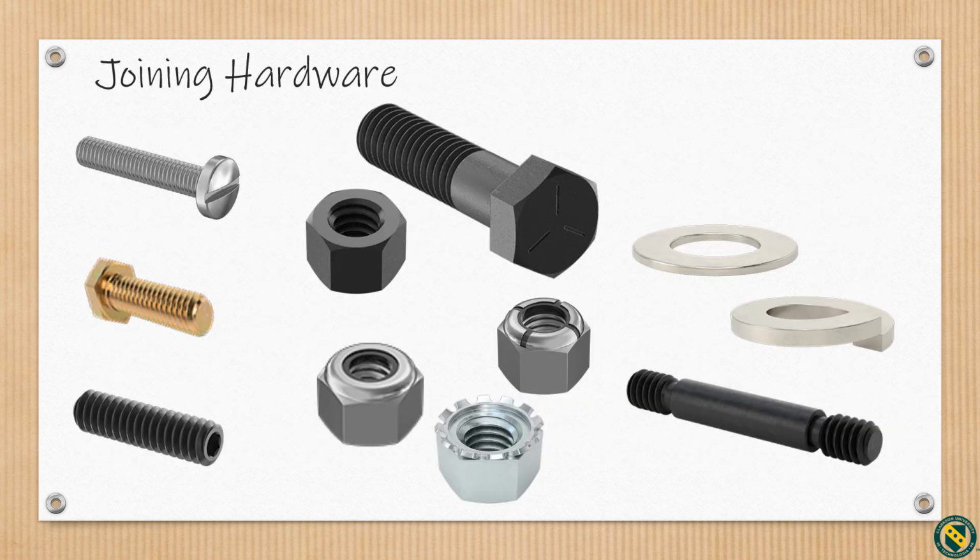Here we see a variety of hardware used for non-permanent joining. A screw is the term used for a threaded fastener with or without a head so designed as to permit it to be properly assembled in a preformed internal threaded hole, or forming its own thread and secured by means of tightening the head.